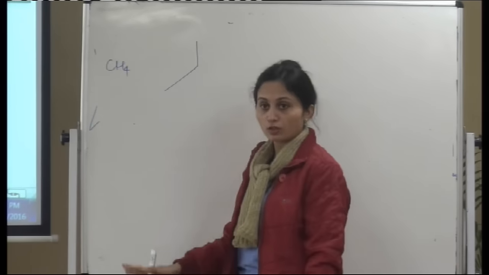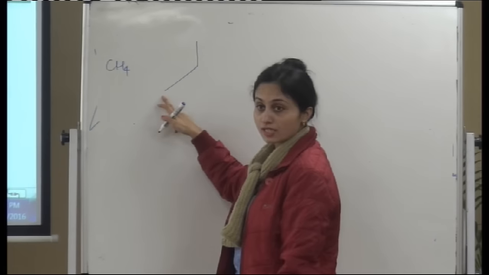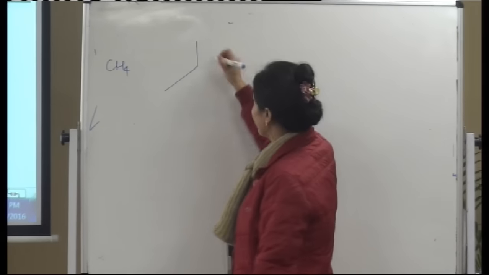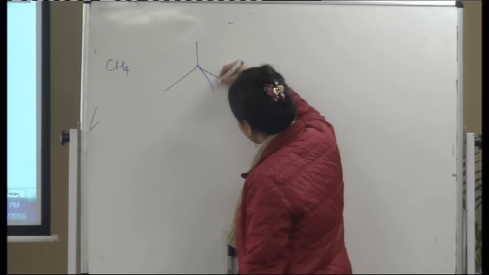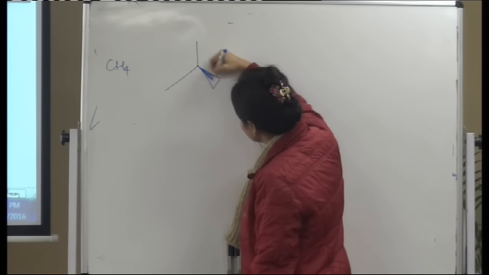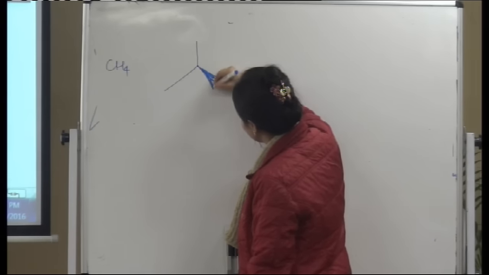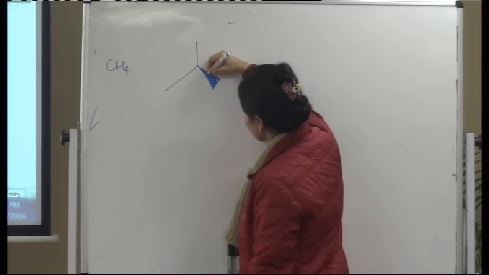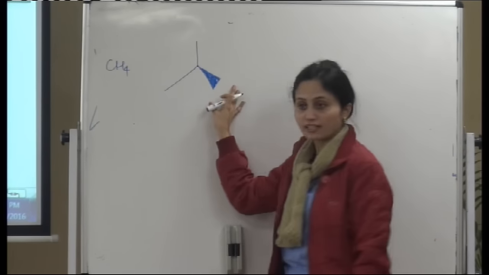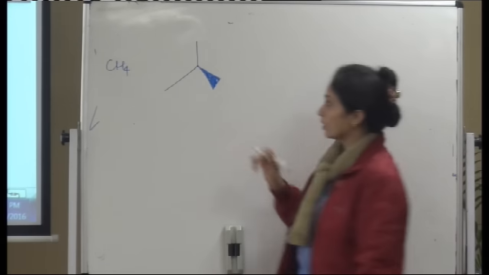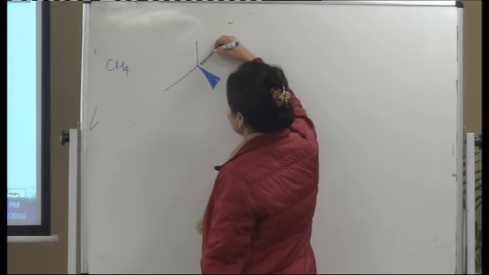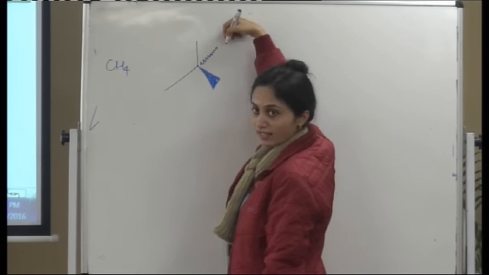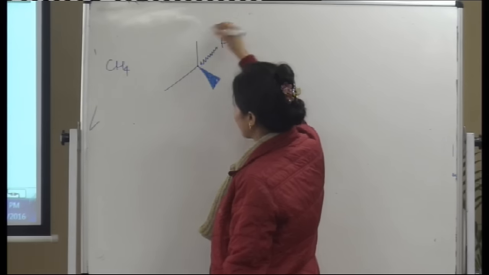So here, this is on the plane of the board, and whatever is protruding out will be shown with a darkened triangle. This means that this particular atom is coming out of the plane, and whatever is shown with a dotted or dashed line is at the back of the plane of the board.